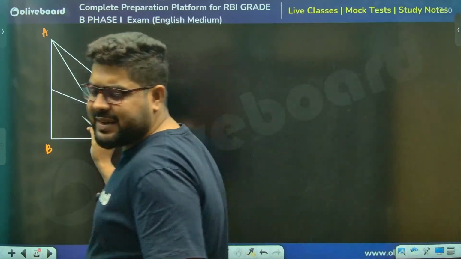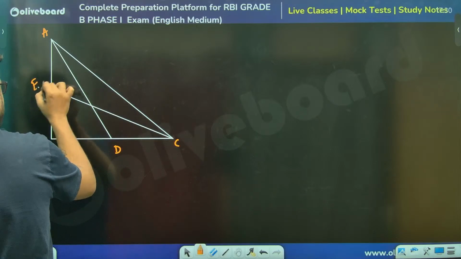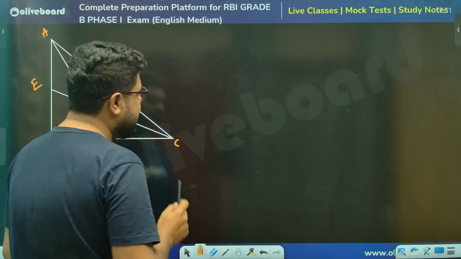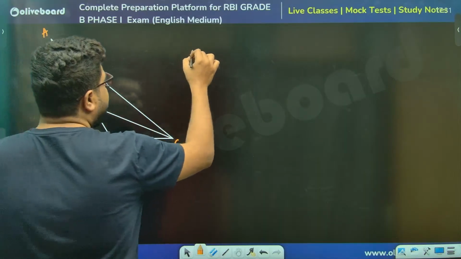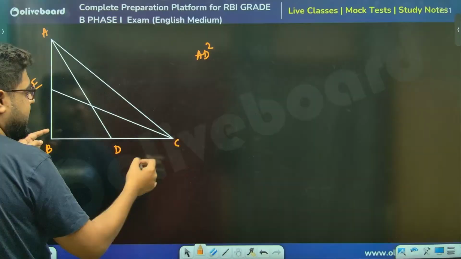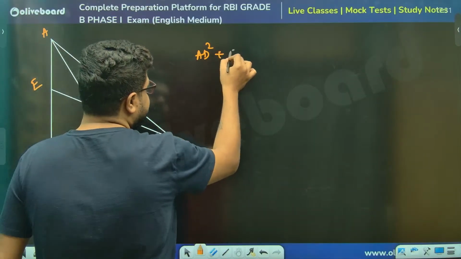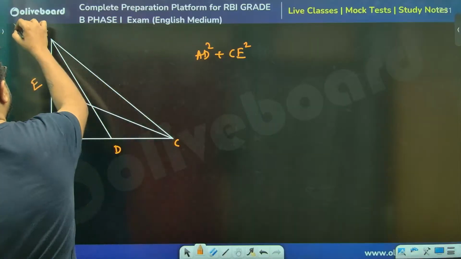I only know these are lines. So this is AD, CE that I'm taking. Now, can you guys give me some relation for AD square plus CE square? Very, very important stuff we are doing.